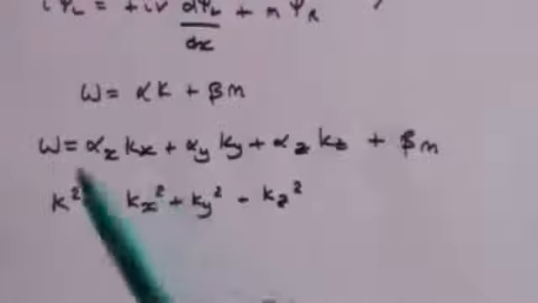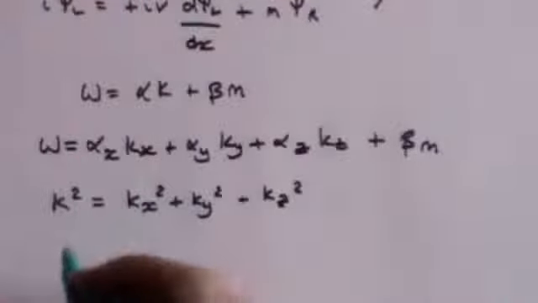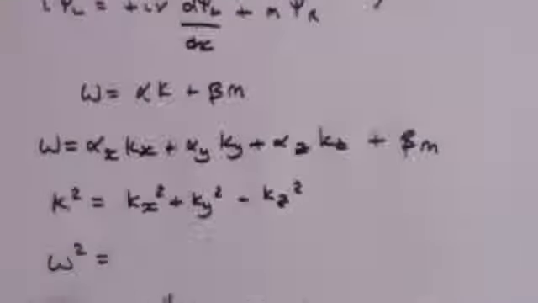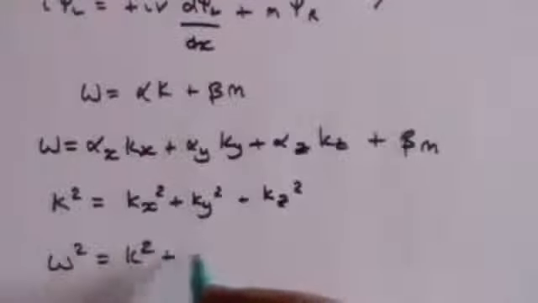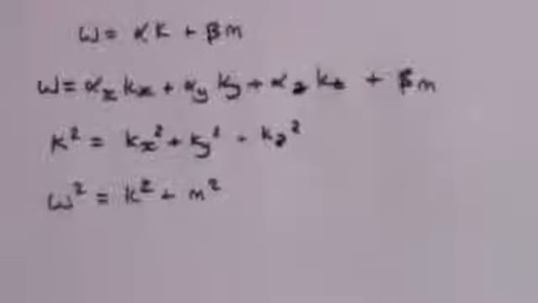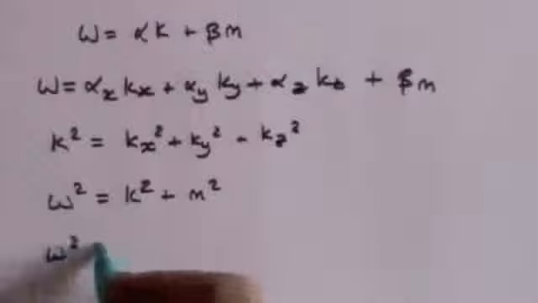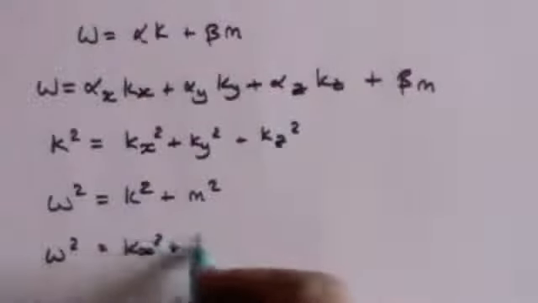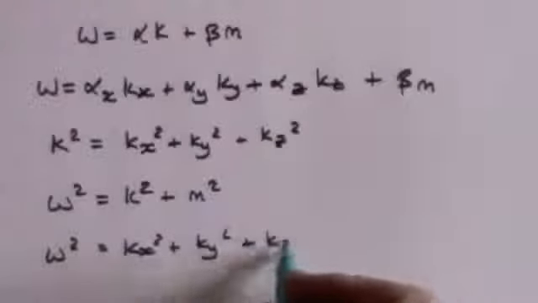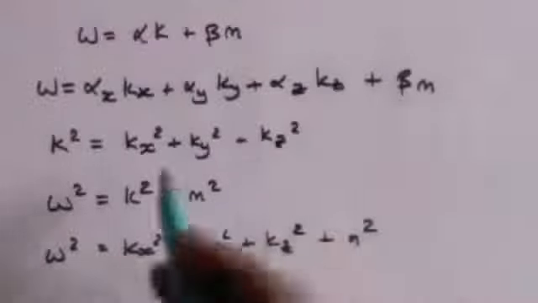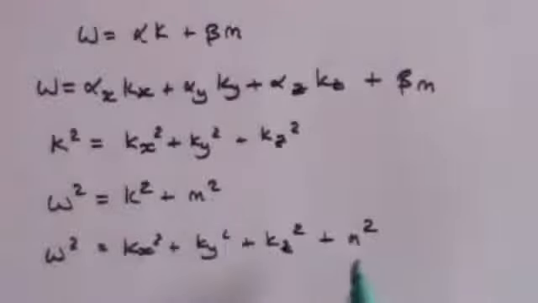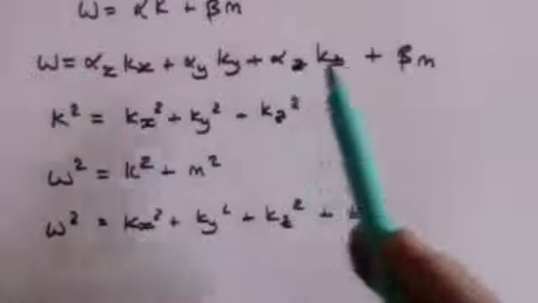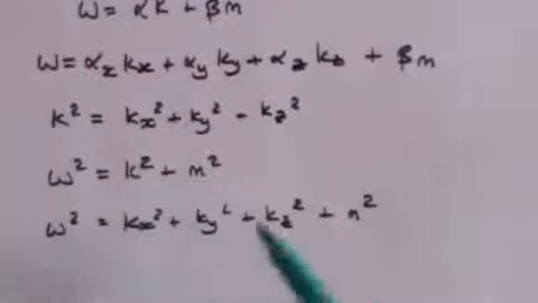And now what we'll need to do, since we know that what we're trying to equate is that from special relativity omega squared is k squared plus m squared, is that that is going to be one and the same as omega squared being this lot here, kx squared plus ky squared plus kz squared plus m squared. So that's this term here, all from special relativity this comes, but we've now got to take this term and square it in order to compare it to this term.